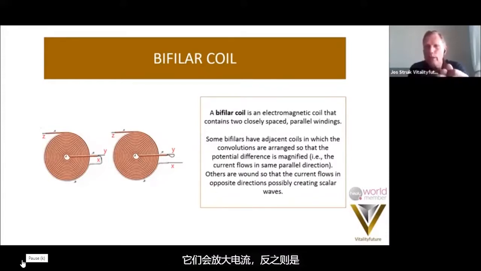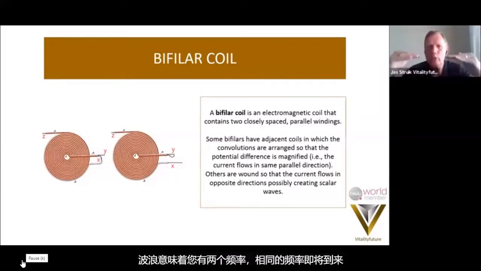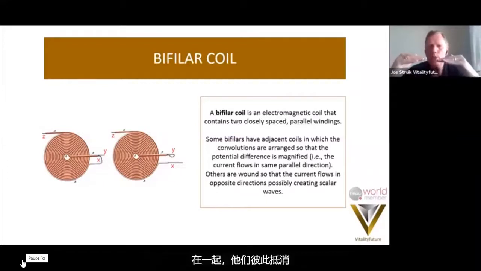The other way is if they are parallel, then you get scalar waves. Scalar waves mean you have two frequencies, the same frequencies, coming together, and they neutralize each other. And they become independent of space and time. And that is what we do with Healy resonance.